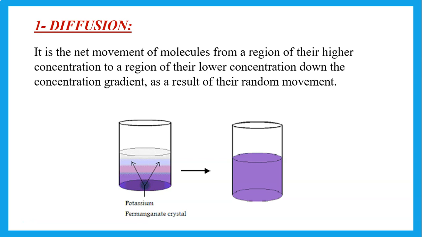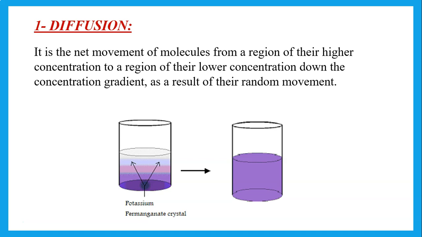If I have a crystal of potassium permanganate at the bottom of a beaker, so that area at the bottom of the beaker has a lot of potassium permanganate, that is an area of high concentration. But at the top of the water, there's not that much potassium permanganate, so that is an area of low concentration.